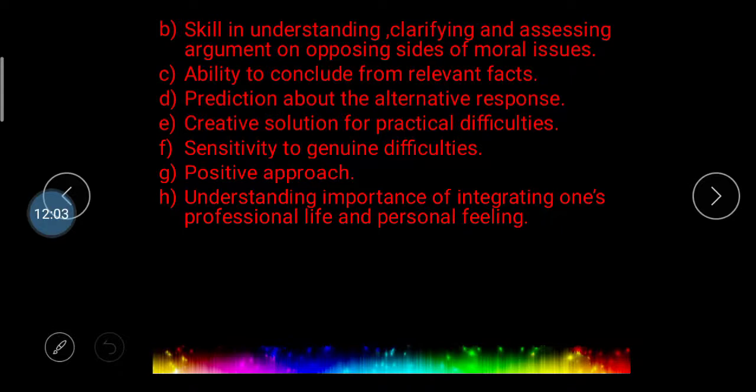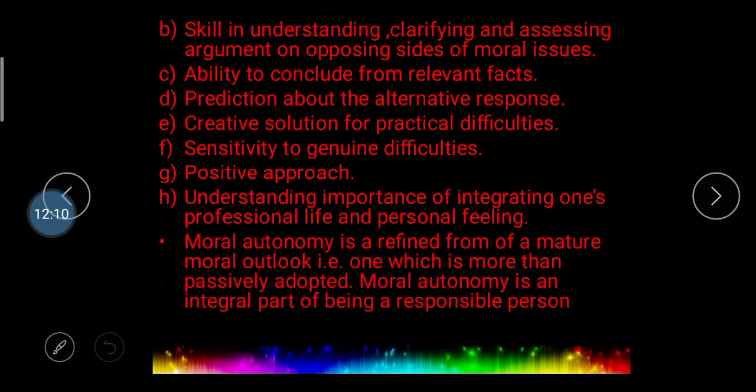You have to try to understand the importance of your profession and of your personal life. Then after, moral autonomy is a refined form of a mature moral outlook, one which is more than passively adopted. Moral autonomy is an integrated part of being a responsible person. If a person is responsible, then this type of moral autonomy is considered in him or her.